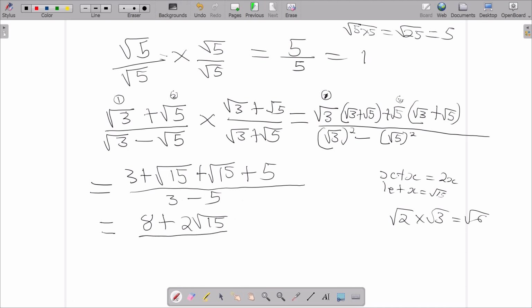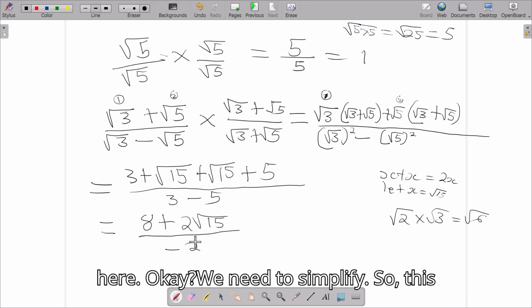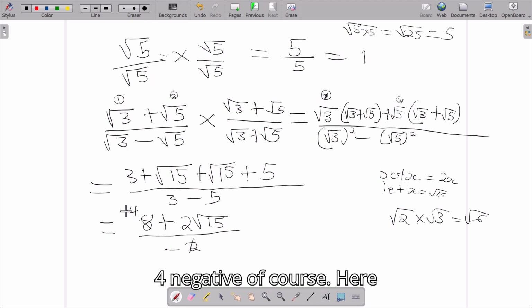All over minus 2. So now, we need to divide to simplify here, okay? We need to simplify. So this number and this number, we get negative, of course. Here again, we get negative 1, isn't it?